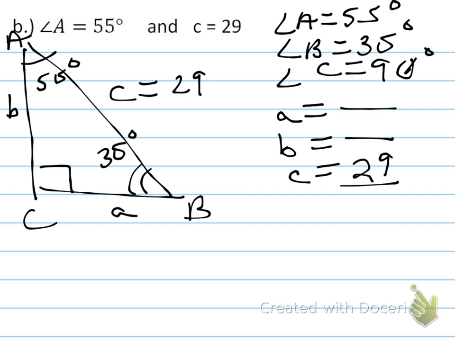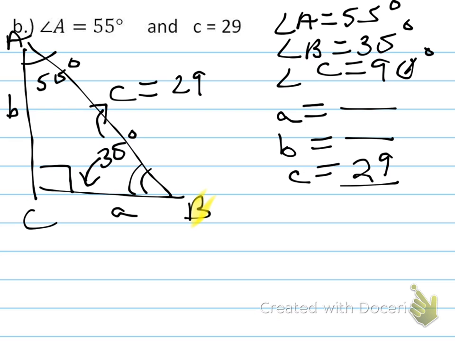So using that side C is 29, I'm going to use an angle. You can use whichever angle you want as long as you use the correct sides. I'm going to go ahead and use angle B, which is 35 degrees. I'm noticing that this side that I don't know is adjacent to it, and this side is my hypotenuse.